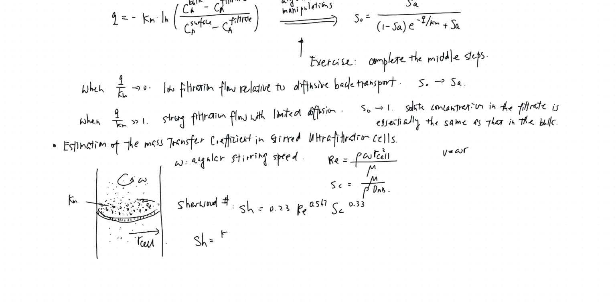If you forgot that, you can review that. So it's Km, the mass transfer coefficient, multiplied by the radius of the cell divided by the diffusion coefficient. So this is surface convection divided by diffusion, the ratio of these two. If you know the Sherwood number, then you can get Km.